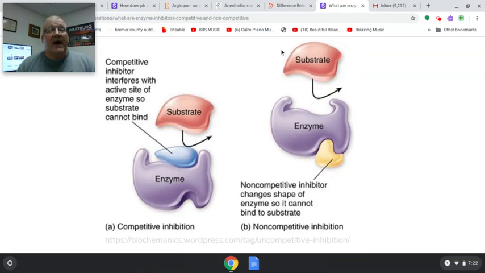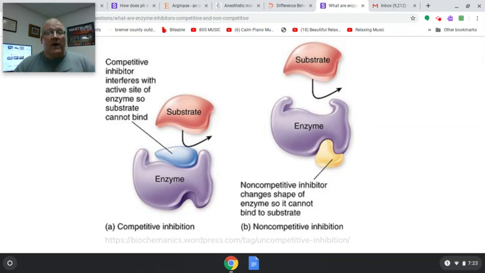So the competitive inhibitor actually bonds to the enzyme's active site and competes with the substrate for the attention and bonding of the active site. Okay? A non-competitive inhibitor bonds to the enzyme somewhere other than the active site, but in doing so changes the conformation of that enzyme in such a way that it can no longer bond with its substrate.